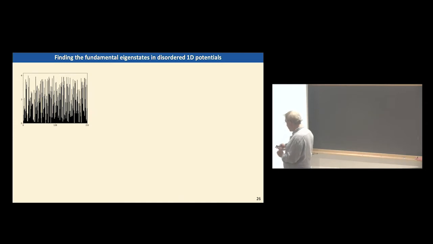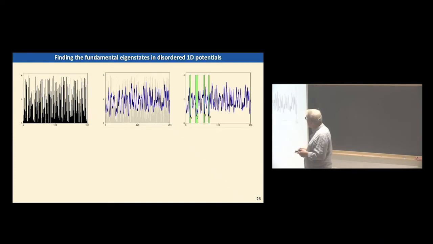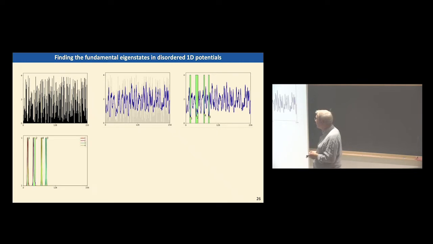But with the localization landscape, we compute the landscape, we compute 1 over u. 1 over u is here. And now we look at where are the deep states. Here, there, and somewhere maybe here. So these are the predictions of the 1 over u. You look at the computation of the actual eigenfunctions, and they fall exactly in the right order within these wells.